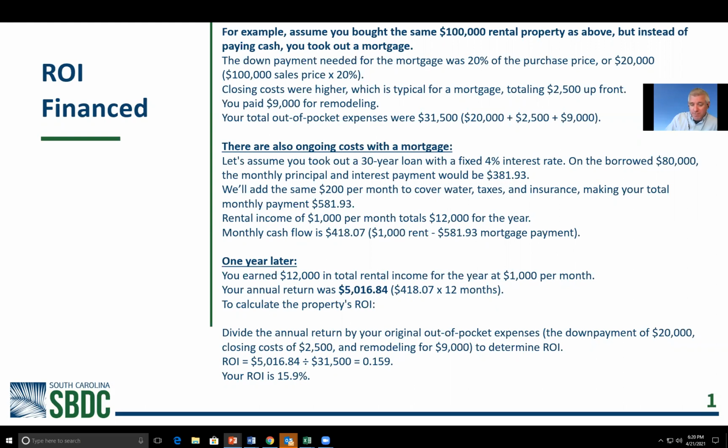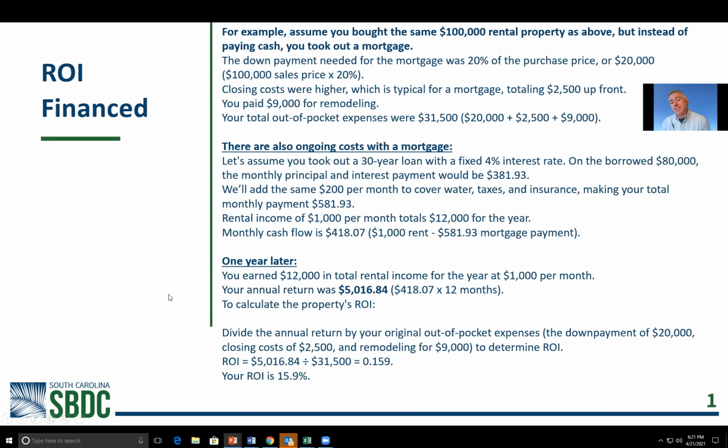So now you would take that $5,016 and you would divide the annual return by your original out-of-pocket expenses, which in this case, remember, was only $31,500, not $110,000. So you take that $5,016 divided by $31,500, you get 0.159, which is a 15.9% ROI.